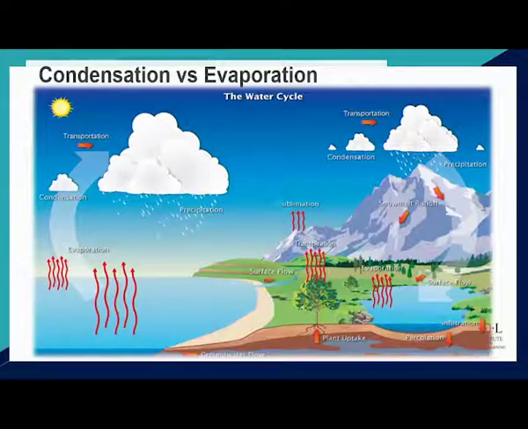You expect plants also to take up some of the water, and they will transpire. You also have water coming from mountains, and you have the surface of water there. That's where evaporation is taking place.